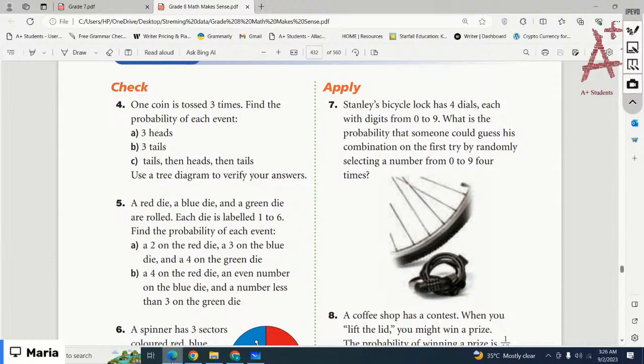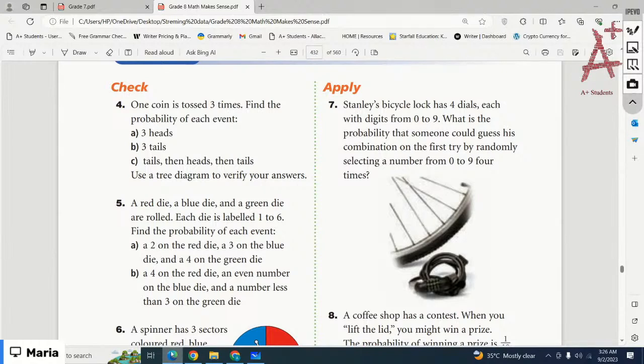Okay, so that is a lock with four numbers, right?